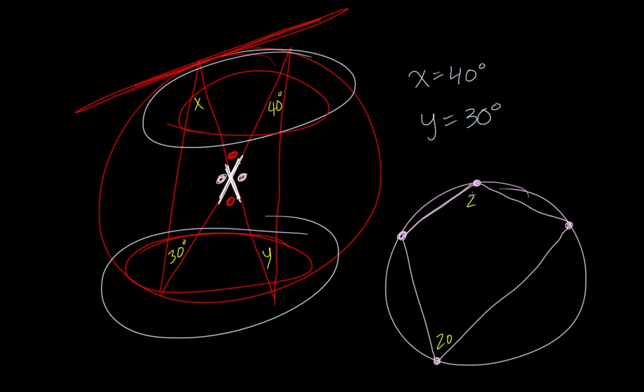Let's say that one's 20, and this one's 30. And then this is x, this is y. The ones that are opposite each other need to add up to 180. So x must be 150, and y, let's see, 180 must be 160.